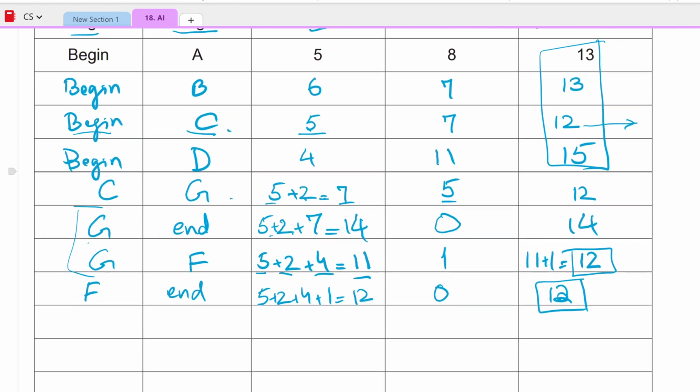So begin to C 5, C to G 7 or 5 plus 2, then G to F 5 plus 2 plus 4, and then we add 5 plus 2 plus 4 plus 1.